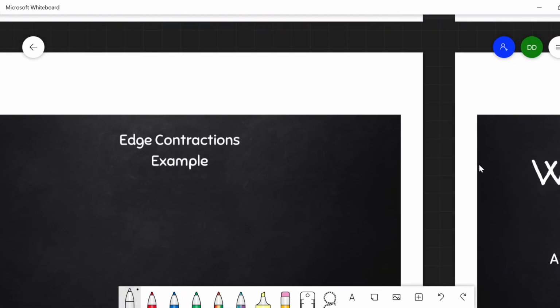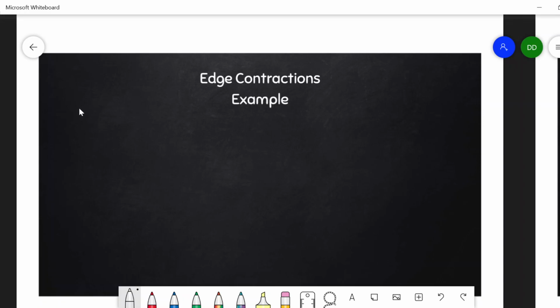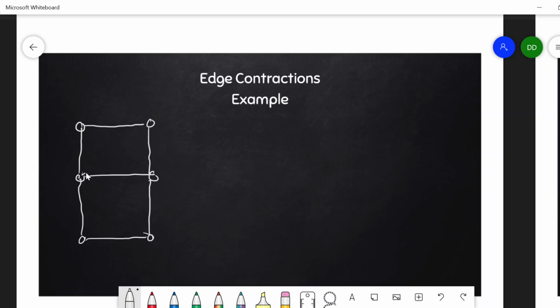Edge contractions. Let's look at an example. So I'll start with this graph here. What an edge contraction is: if I take any edge, I identify the two incident vertices with each other.